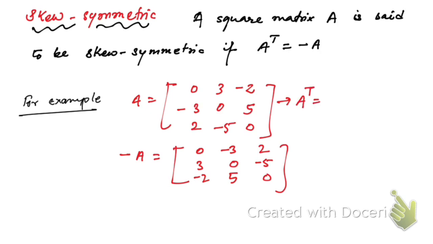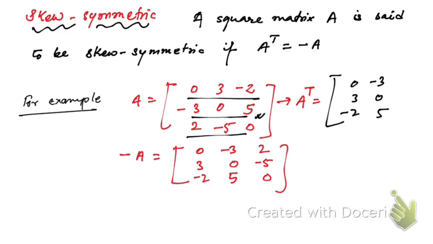Now let's find the transpose of this matrix. What will be the transpose of this matrix? First row as a column: 0 1 minus 2. Then the second row as a column: minus 1 0 3. Then the third row as a column: 2 minus 3 0.